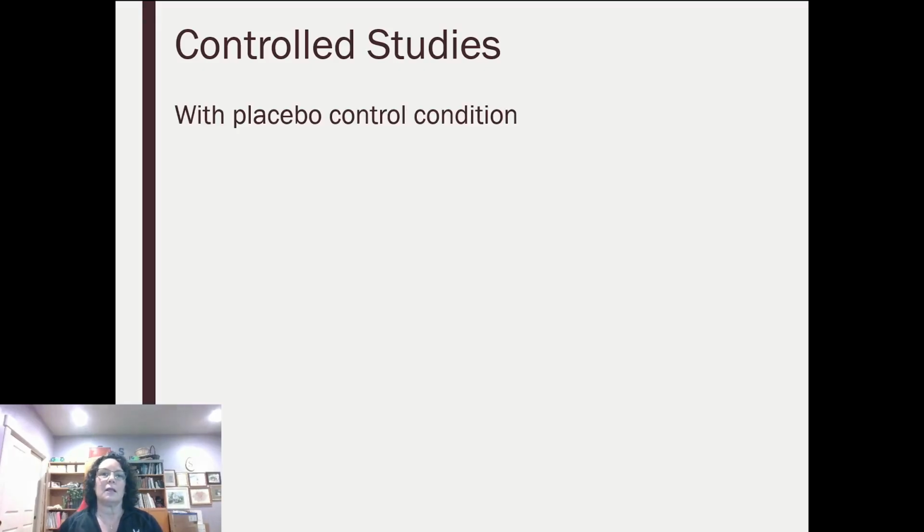Now, in the control condition, you might go one step further, not just don't give them the experimental treatment, but you might actually give them something that they think is a treatment, and that's what we call a placebo. I mentioned this earlier in an earlier part of the same chapter. Placebos are when you think you're getting a treatment, but you really are not. You're getting something inert.